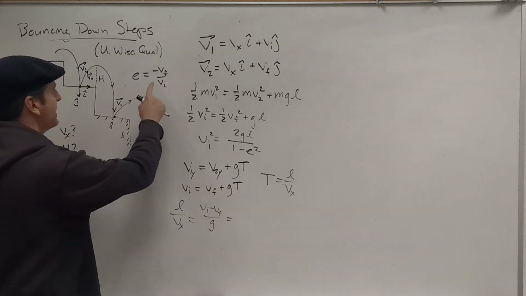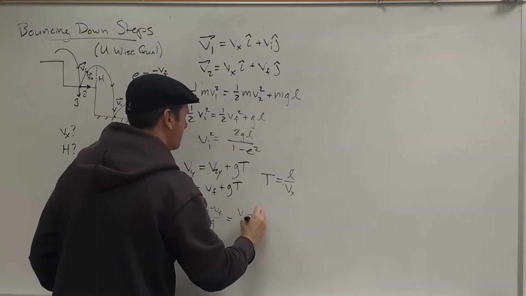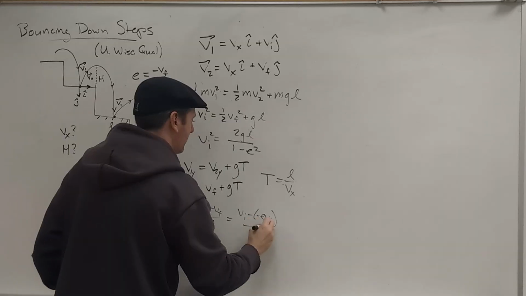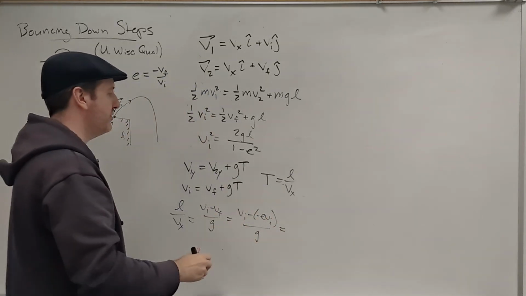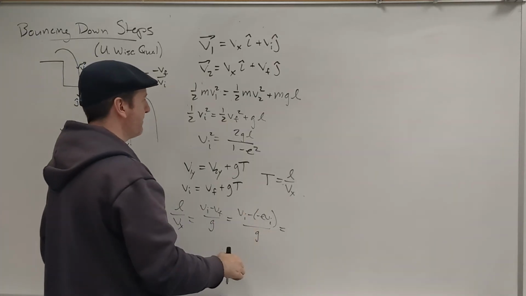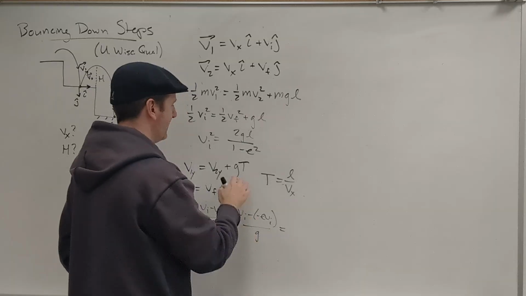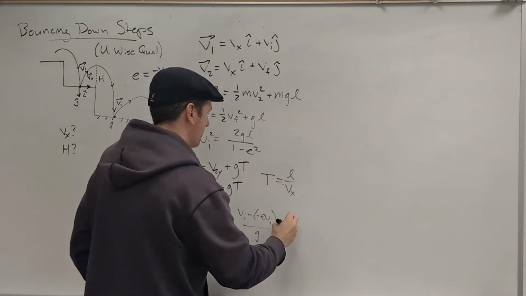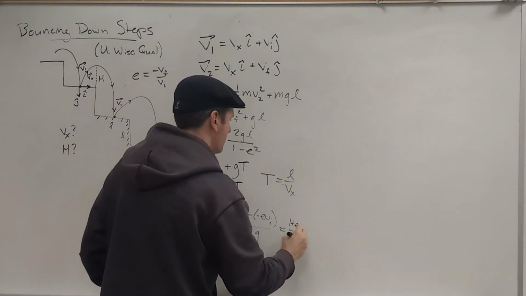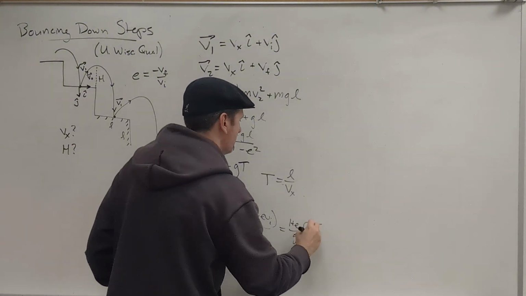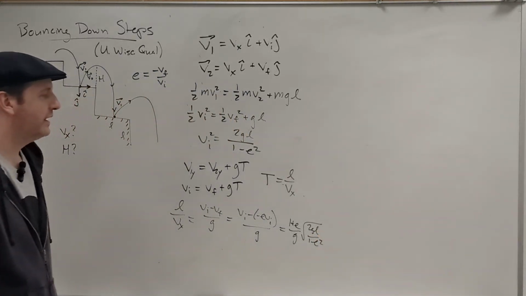But we have this nice relationship. Let's go ahead and get rid of the vf. So I have vi minus evi over g. But of course, that's going to be vi times 1 plus e. But look, vi has this funky factorization. So I'm going to write this as 1 plus e over g square root of 2gl over 1 minus e squared.